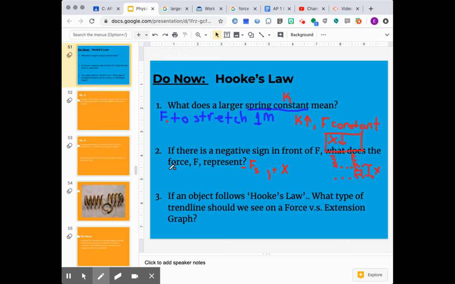If the force is negative, that means that the displacement, or the compression of the spring, must be positive. So if x is positive, then the force would have to be negative. The restoring force and the stretch or compression must point in opposite directions.